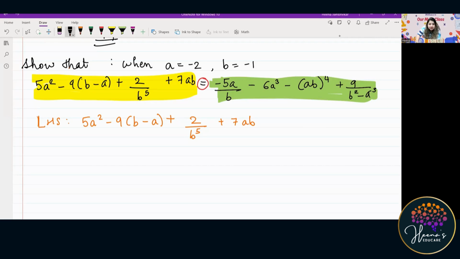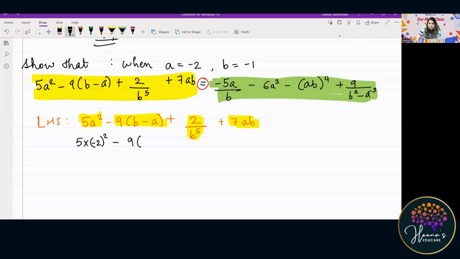Now, to make it easy for you, I'm highlighting the terms to avoid any sort of confusion. Let's start. 5 into a square. What is a here? Minus 2 square. Minus 9 bracket b minus a.